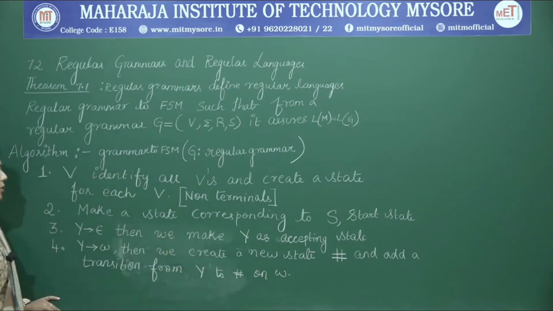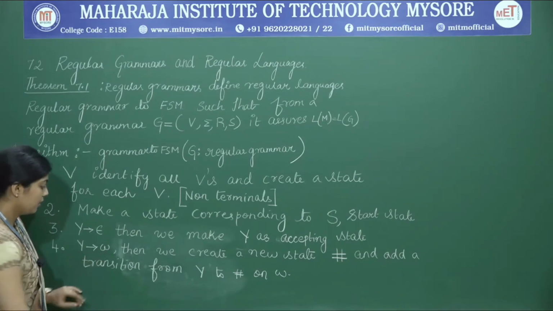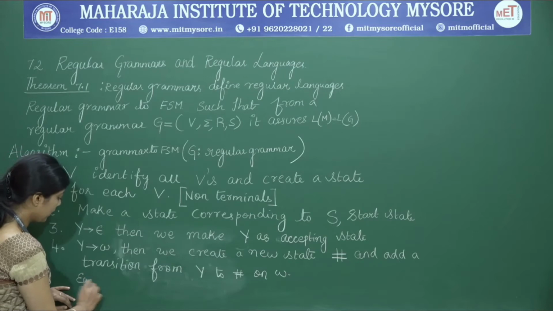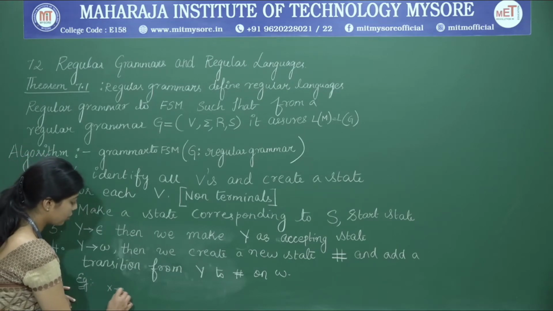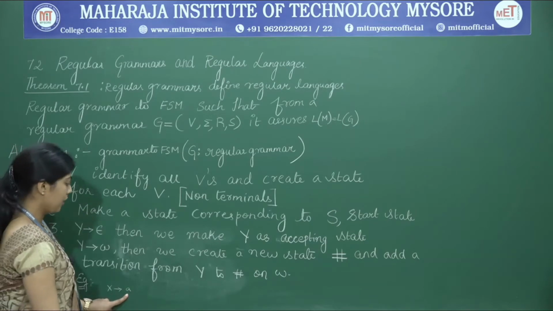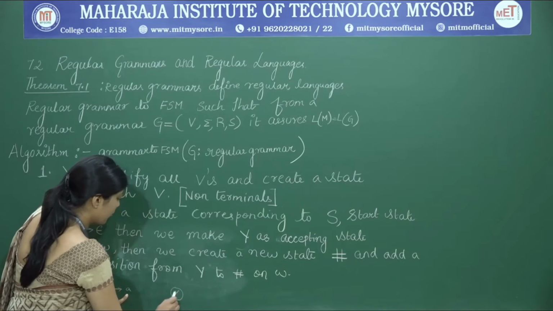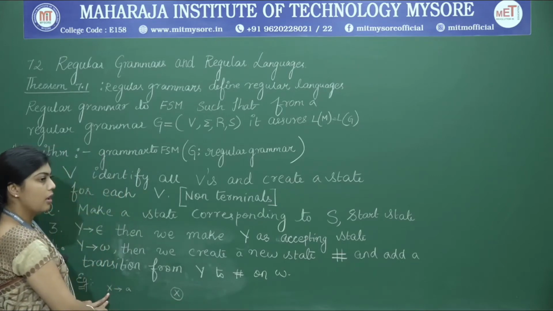So, this is what we are going to do. Suppose anything is in the form of y goes to a terminal. For example, if I have something like x goes to a, then in the DFA we will have two states, one for x that we have identified as a non-terminal.